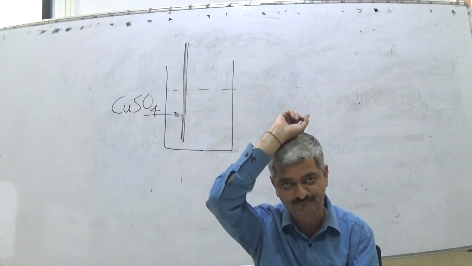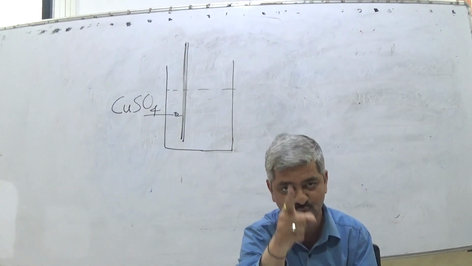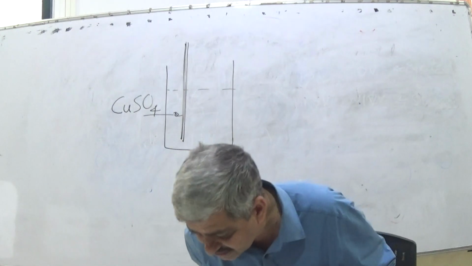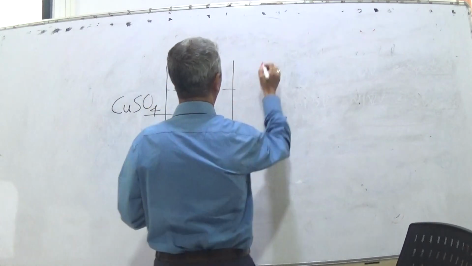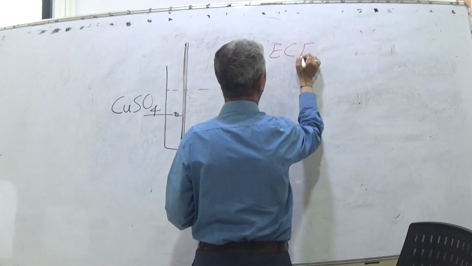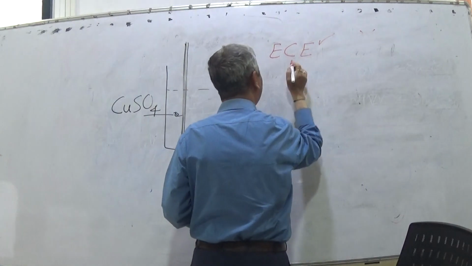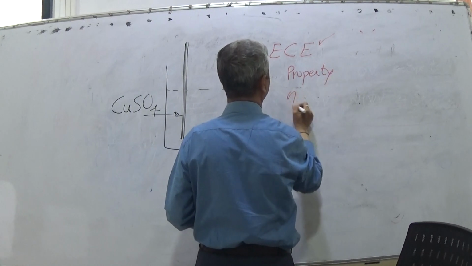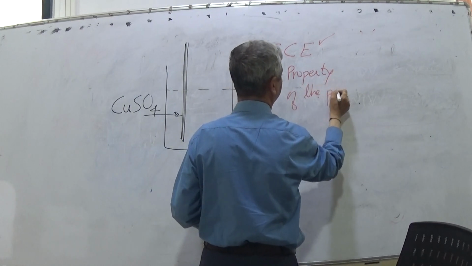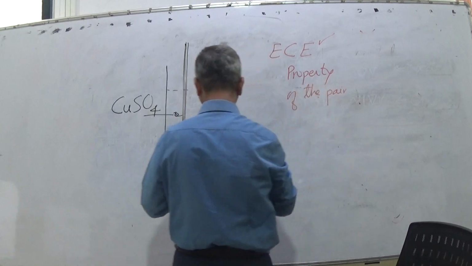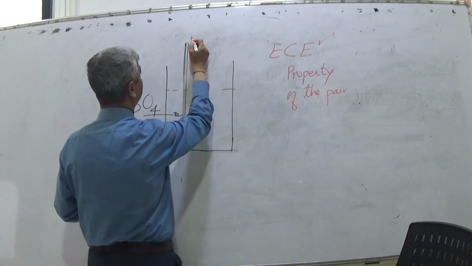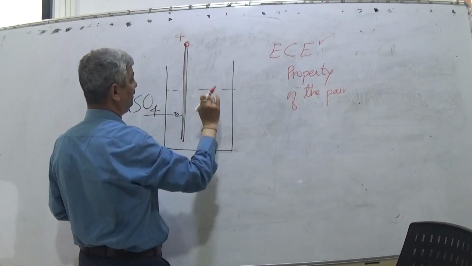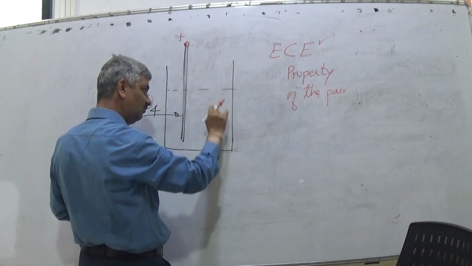There is a fixed voltage which is created between electrode and electrolyte. That is called ECE, electrochemical equivalent. It is a property of the pair. Now, this is one electrode, this is a plus, and for the electrolyte, you have to connect something.